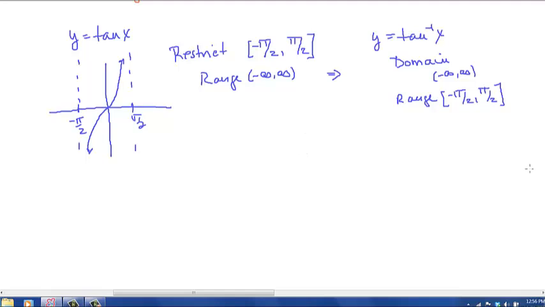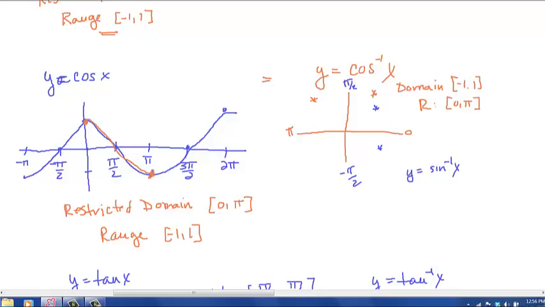So if we go back to what we were talking about up here, when I'm looking for angles for tan inverse, since I've restricted from negative pi over 2 to pi over 2, I'm looking at angles in quadrants 1 and 4. So if I'm looking for a positive angle, it will be in quadrant 1. A negative angle, it will be in quadrant 4.